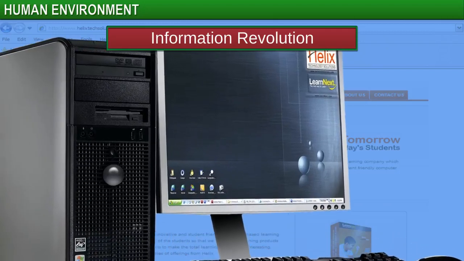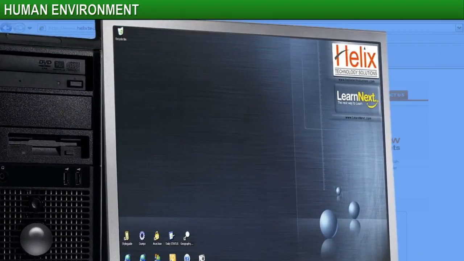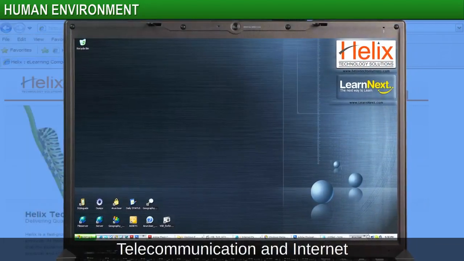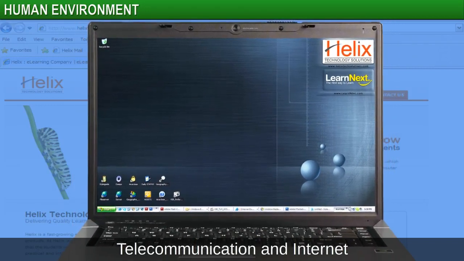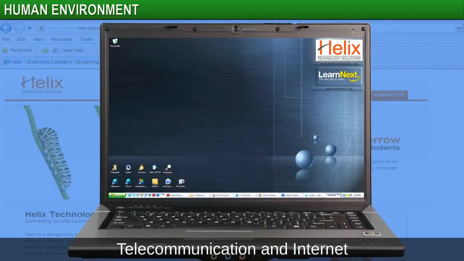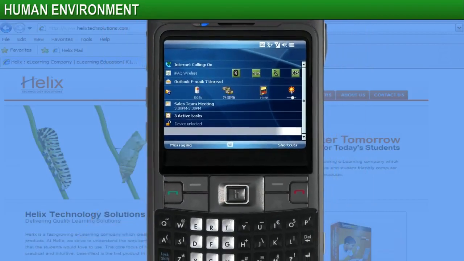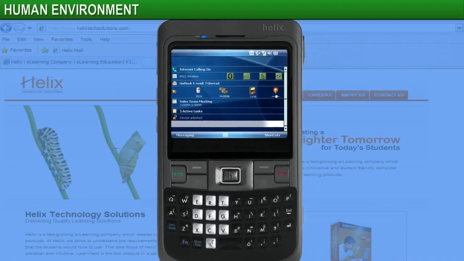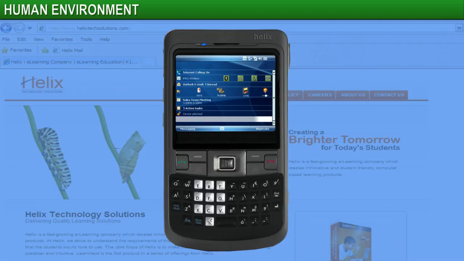These days, human beings are witnessing the information revolution that brought with it telecommunication and the Internet. This has made communication even faster and smoother than before. Thus, over time, human-made environmental elements have taken over our lives to a great extent.